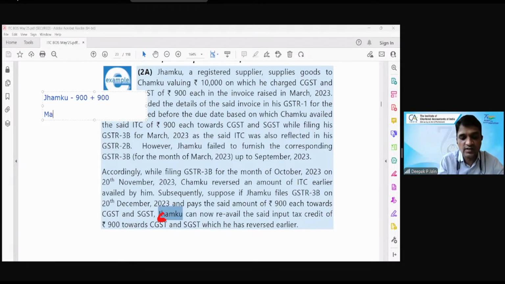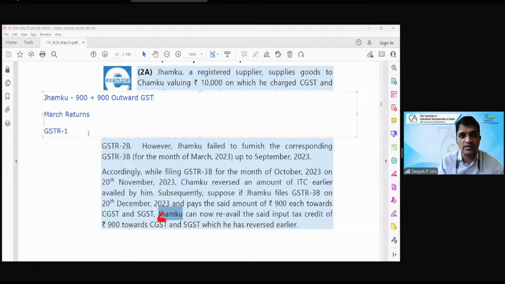He's disclosing this in March returns. Which returns? There are two returns. He's filing this only in GSTR 1. Okay. So what happens by this? This is outward GST. Fine. This is the outward GST of Jamku, which he is showing in his GSTR 1.